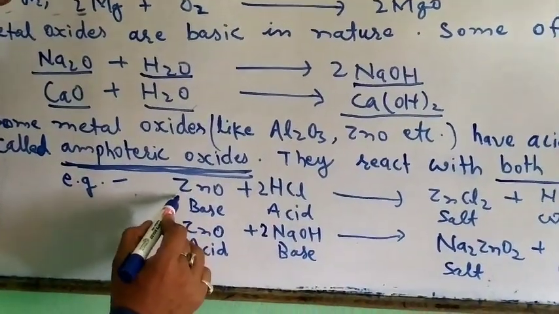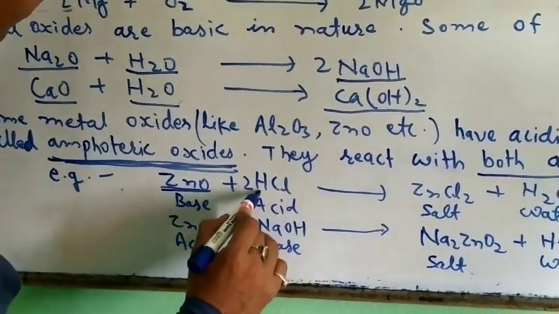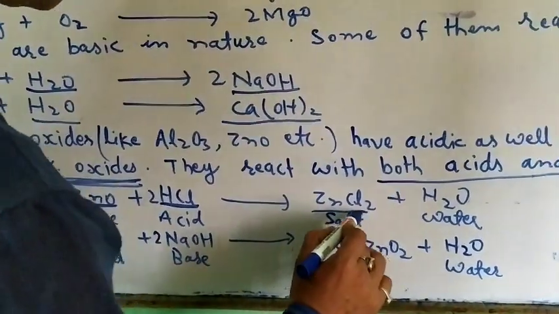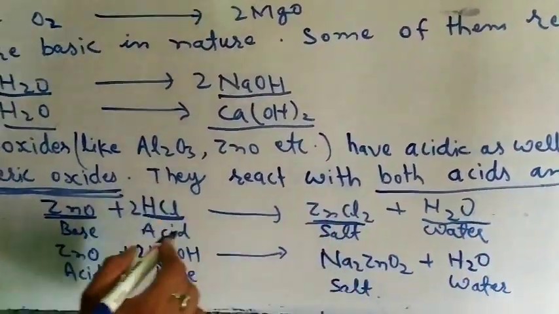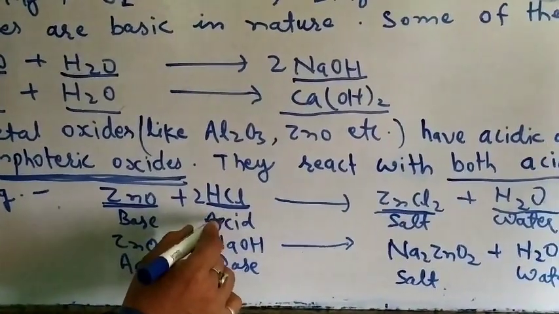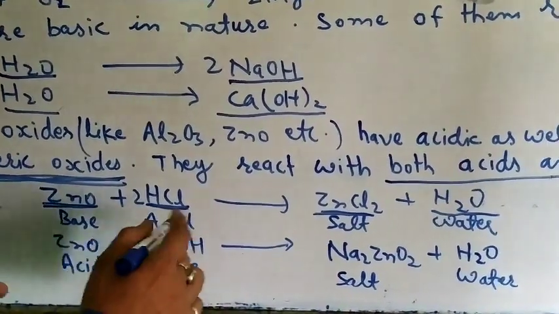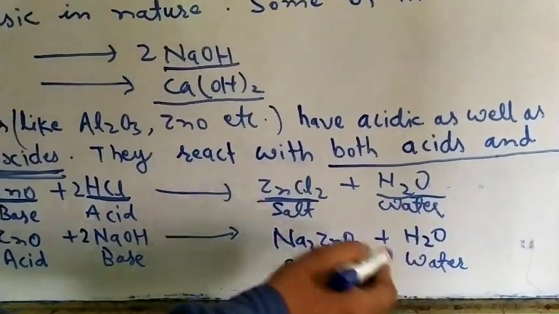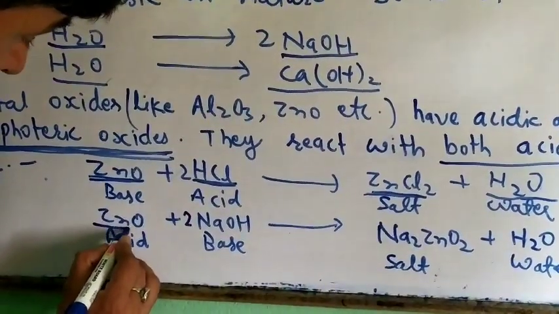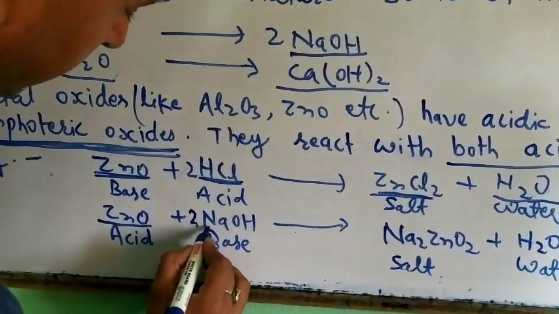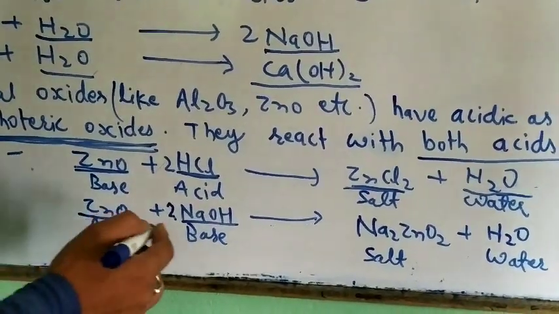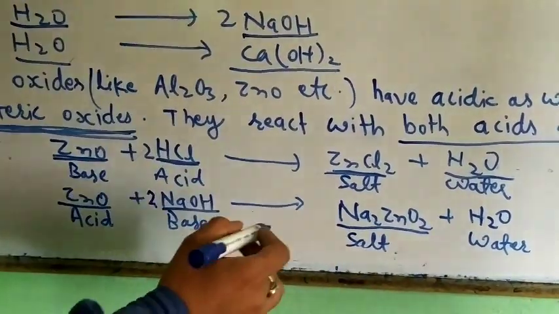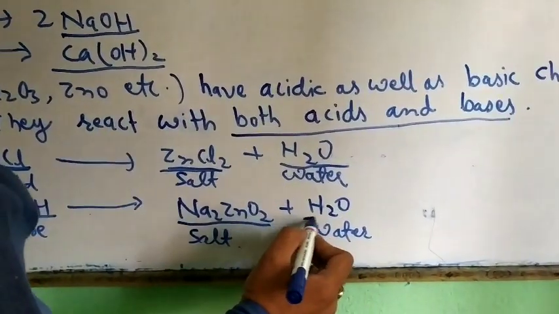Like zinc oxide. When zinc oxide reacts with hydrogen chloride, it gives zinc chloride and water. That means a base reacts with an acid and gives a neutralization reaction, forming salt and water. On the other hand, when zinc oxide reacts with sodium hydroxide, which is a base, they form sodium zincate, a salt, and water.